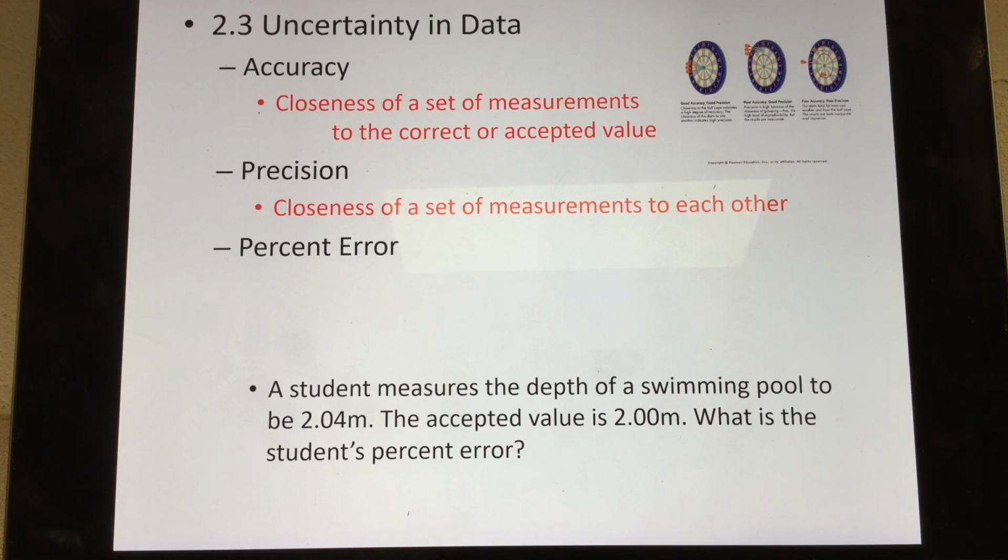So in labs where we are doing what we refer to as a quantitative lab, I know we talked about qualitative and quantitative in the metric activity the other day.